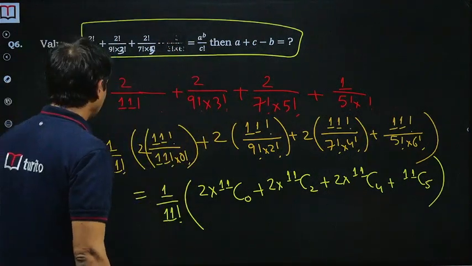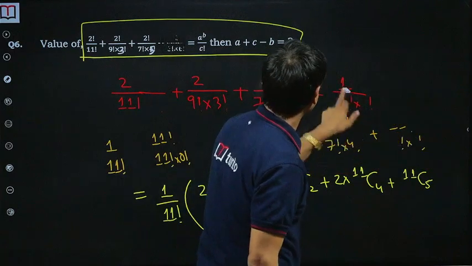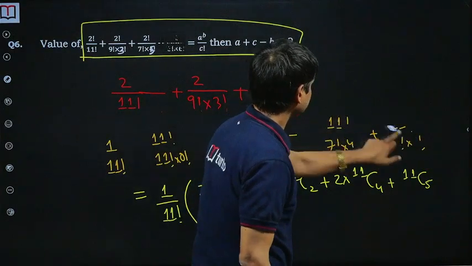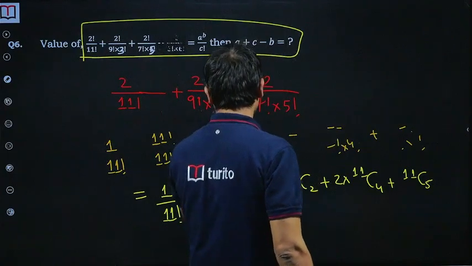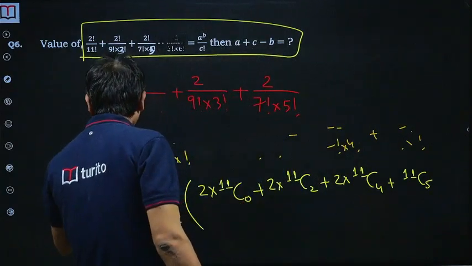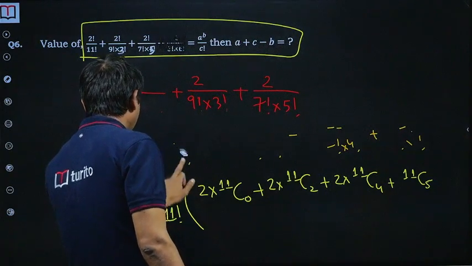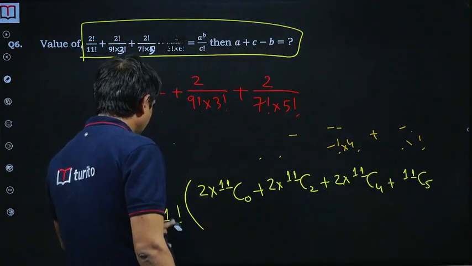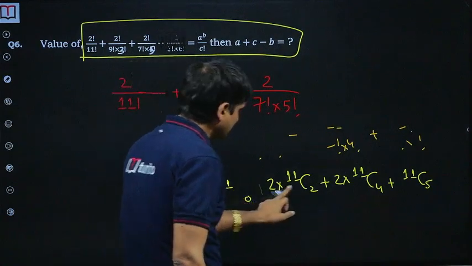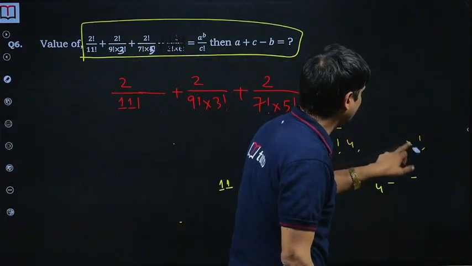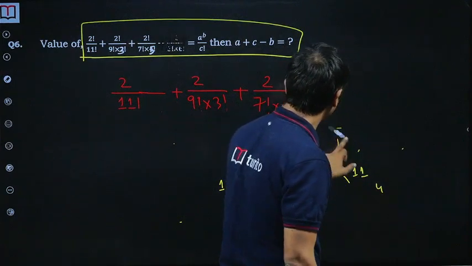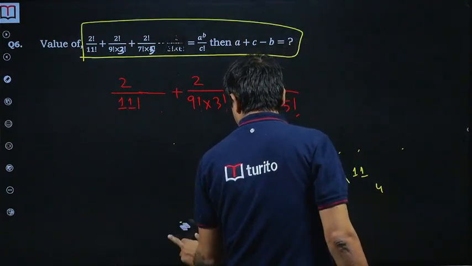Now what do we get here? So let me just quickly remove it. So what do we get here? Now see, the sum of terms in the denominator of every term is 12 here. So of course now you know what to do. We will be multiplying and dividing by 12 factorial. Okay, so what do we get?